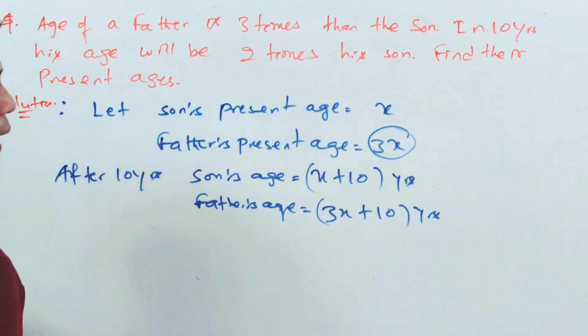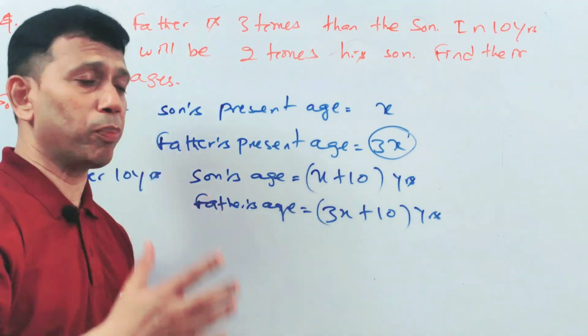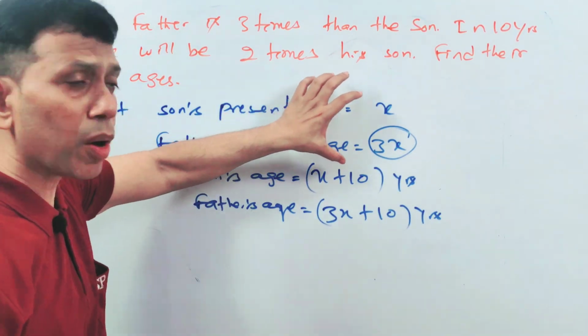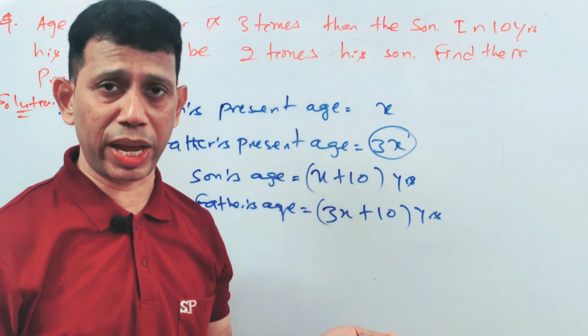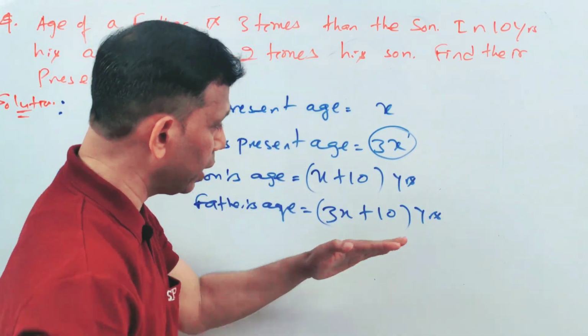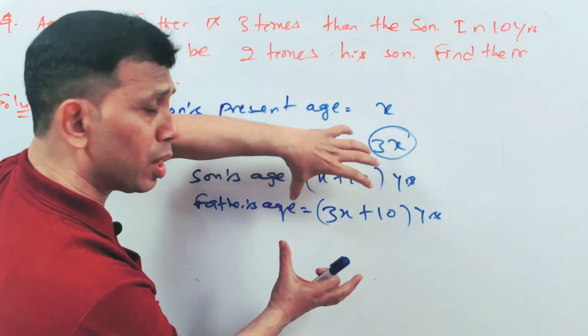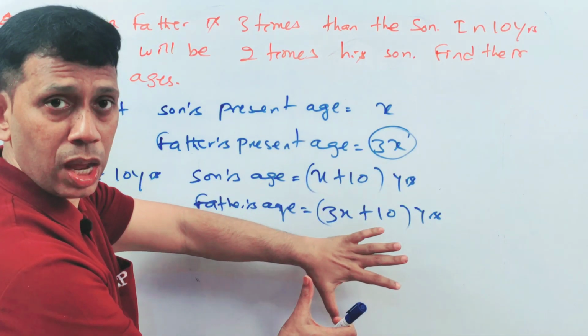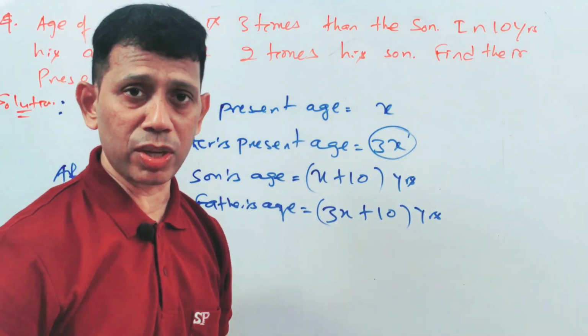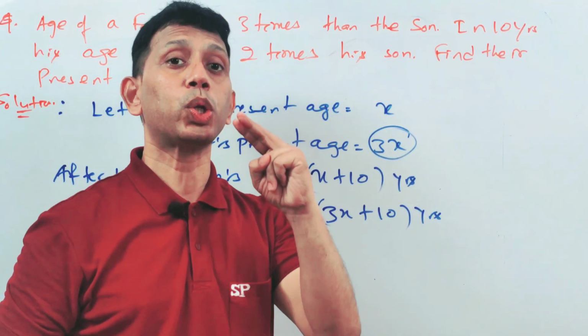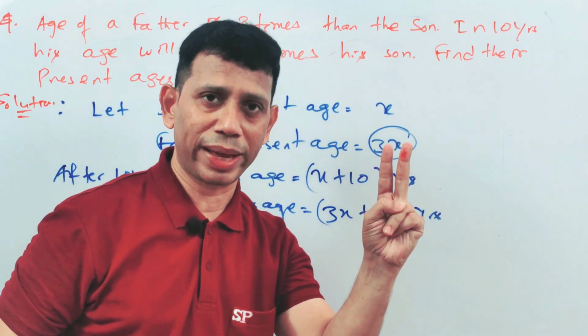Now after 10 years, what is the comparison? See, the present comparison is the father is thrice the age, or 3 times the age, of the son. After 10 years, this is the age of the son and this is the age of the father. But what is the comparison? The comparison is that after 10 years, the father will be 2 times older than the son.